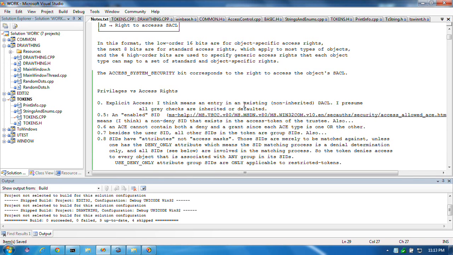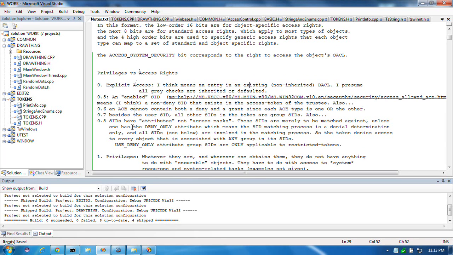Rather than through some mechanism, some inheritance or default mechanism. Okay, so that's what explicit, I think, means. Gray things can be things that were inherited, or they could be defaults, I think. And that's my guess, because there's nothing else about that thing that seemed to say explicit.